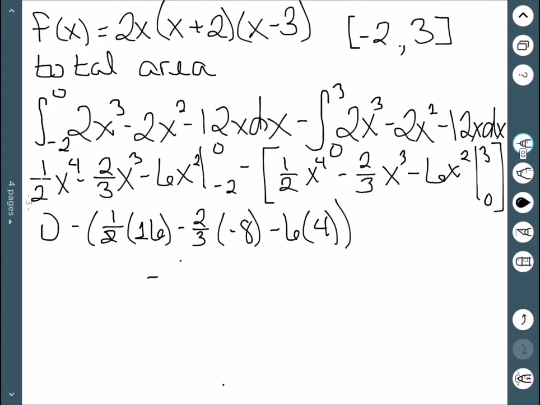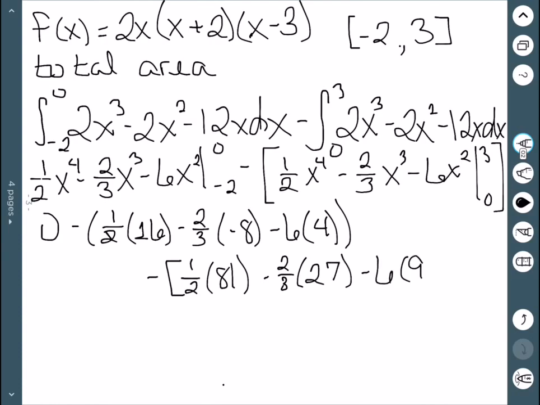And then we're going to subtract out, evaluating at 3. So 1/2, 3 to the 4th is 81, minus 2/3, 3 cubed is 27, minus 6 times 3 squared, which is 9. And once you work all of this out, you get 253 over 6.